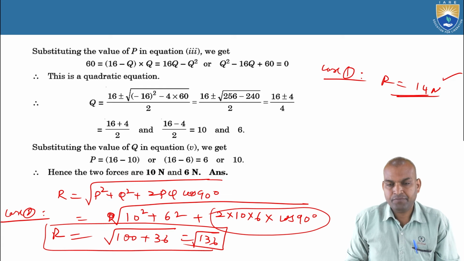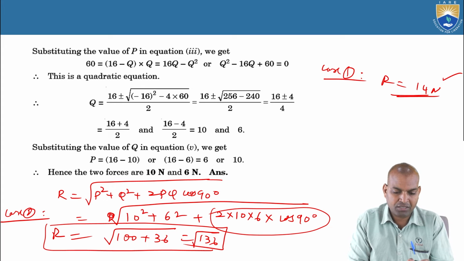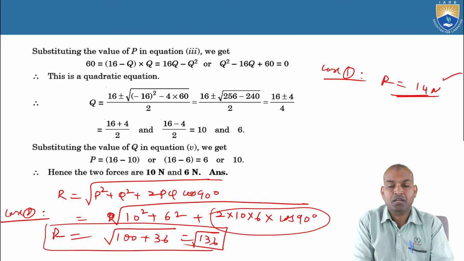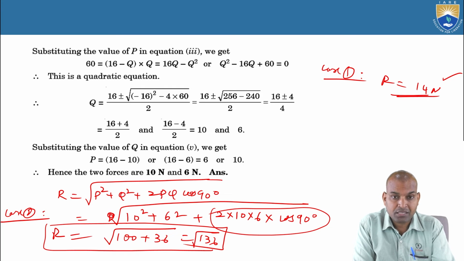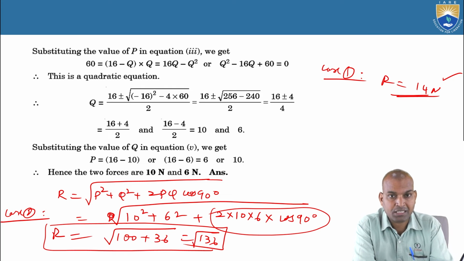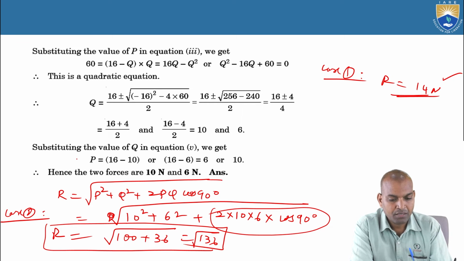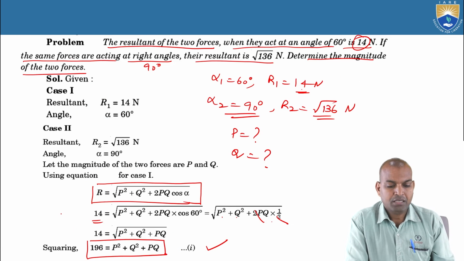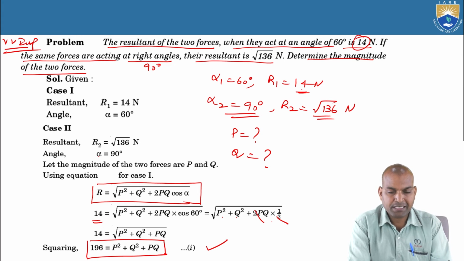So in this manner, we have to calculate the resultants of forces P and Q. Here it is the reverse process: the resultant was given and alpha data was also given. So it's a very important model for practicing.